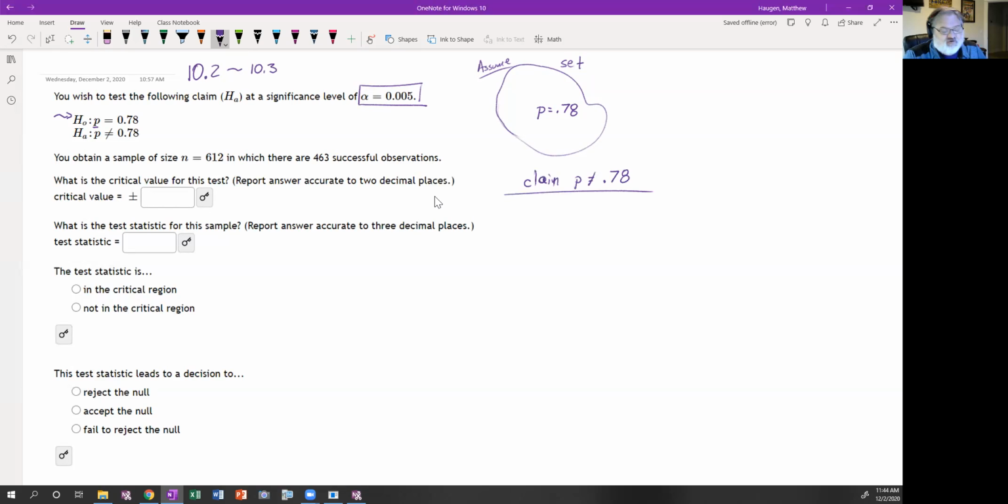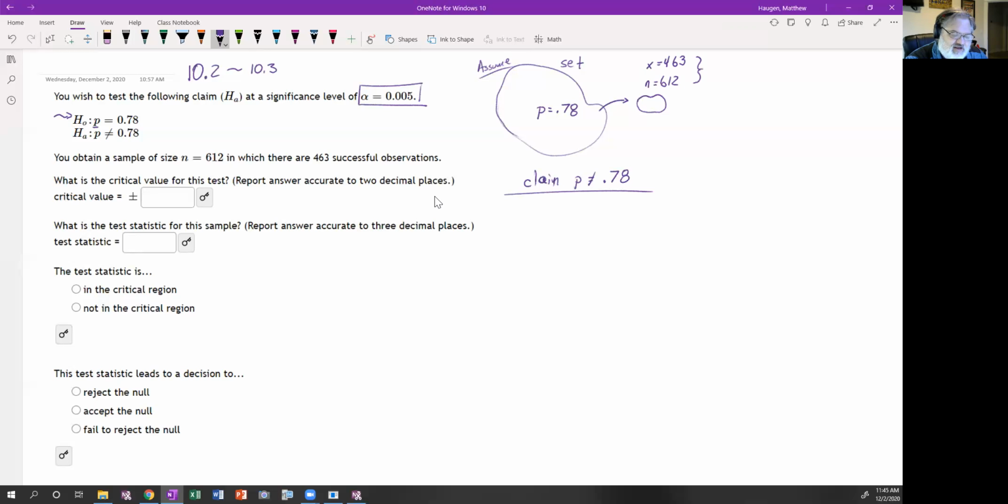So we want to figure out, okay, they're going to do a test. They go do a test and they grab a sample of this data. That sample is of size 612. It's a pretty big sample. And in that sample, there were 463 successes.